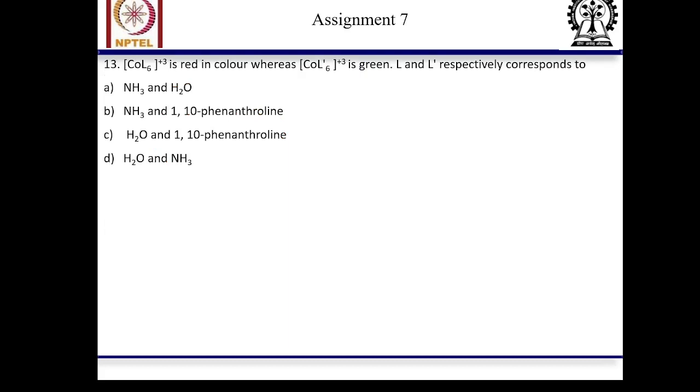Co(L)6 3+ is red in color, whereas Co(L')6 3+ is green in color. L and L' correspond to what? What is the reason for this? Wait for a few seconds.